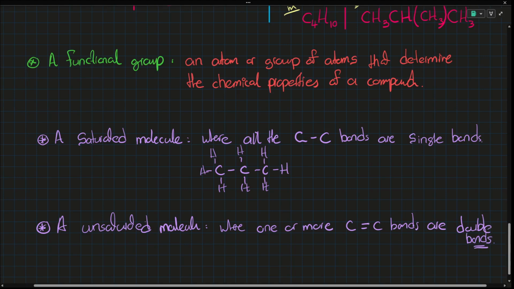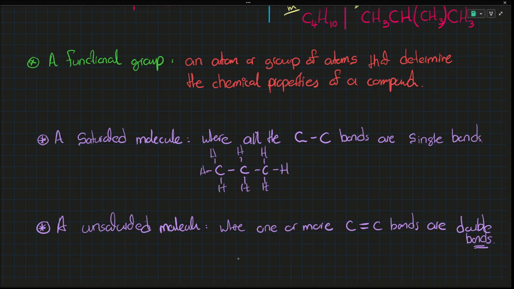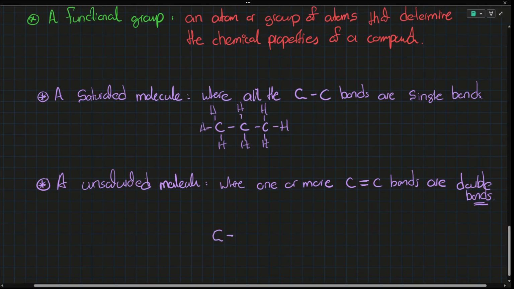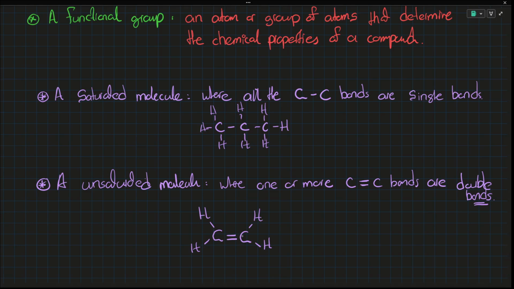Let me also show you an unsaturated molecule then. So here, carbon-carbon has a double bond. Because of that, only 4 hydrogens can fit into the molecule. There's a reason for that. When we talk about alkenes specifically, I'll get to the nitty-gritty of the reason.